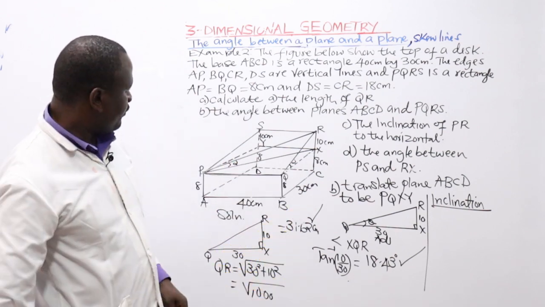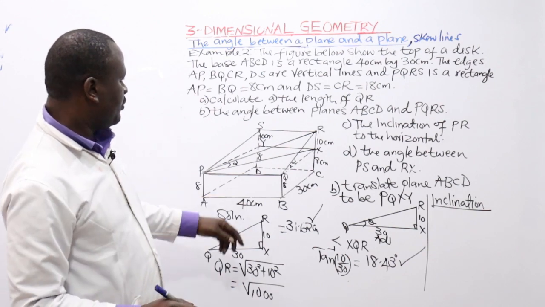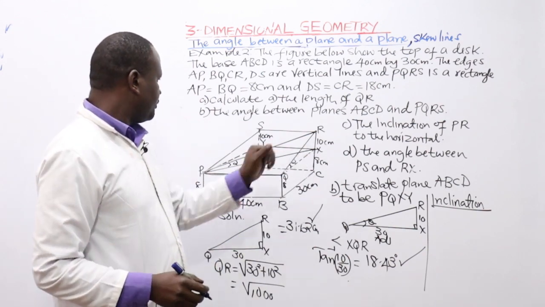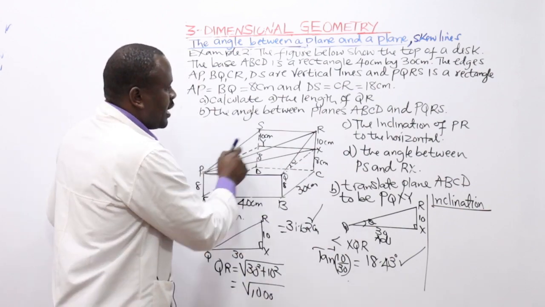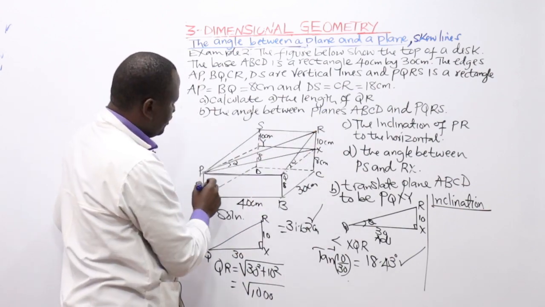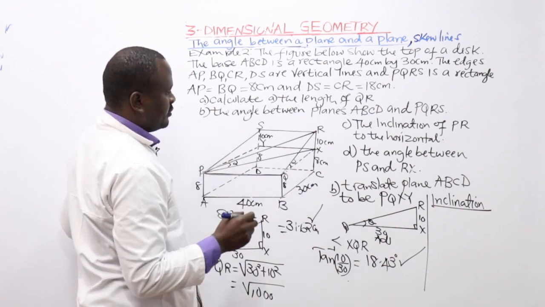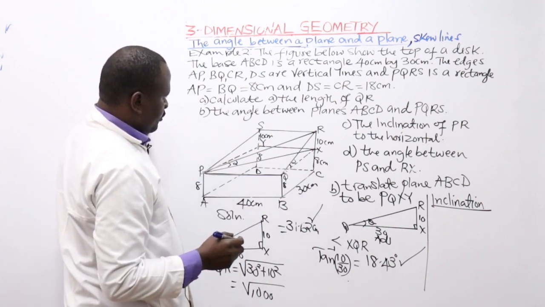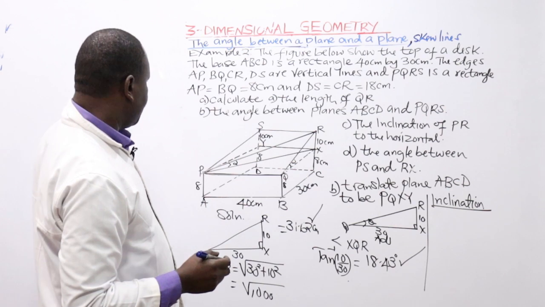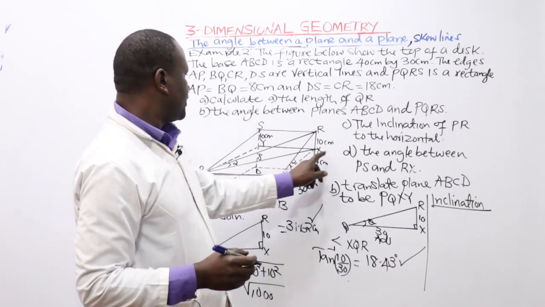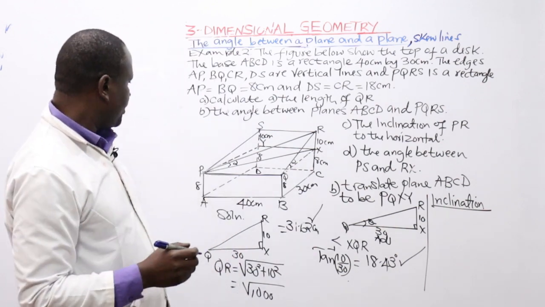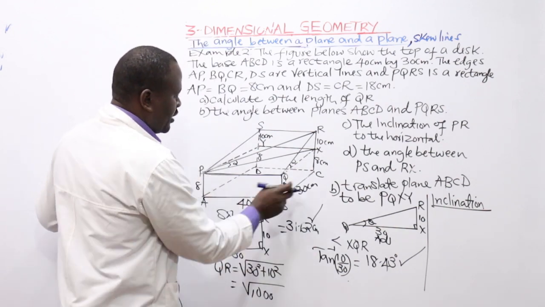I will leave that one for you to do. What is the angle between PR and PX? Because the projection of PR on the horizontal is PX. So you have to therefore get PX using Pythagoras theorem. Remember, this is 40 and 30.